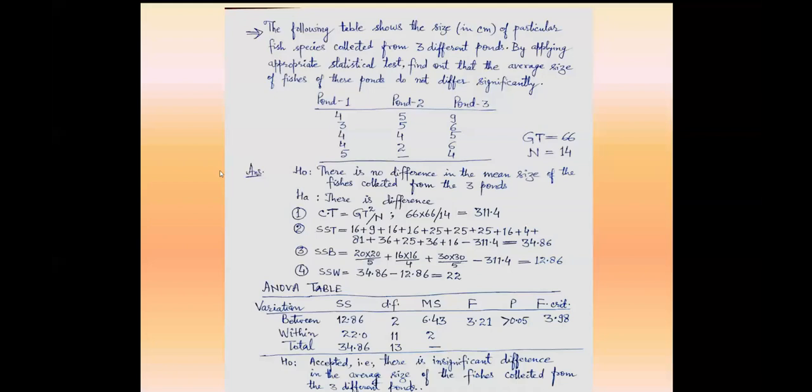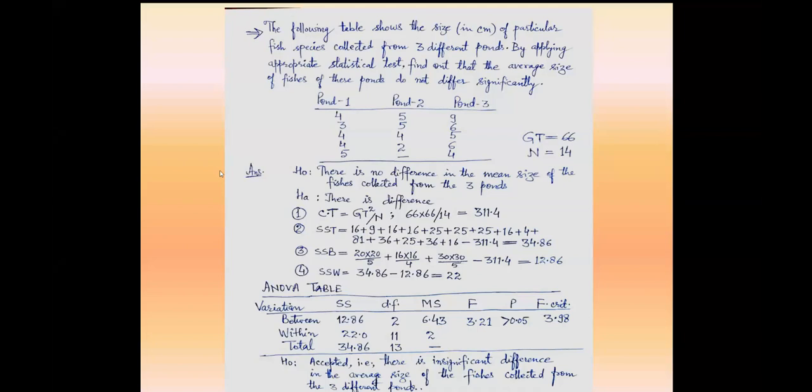From all the 3 ponds, one may collect the same number of fishes, so variation may be there. Now, what we have to know is whether the mean size of the fishes collected from these 3 ponds are the same or they are significantly different from each other. That is our main aim to test.